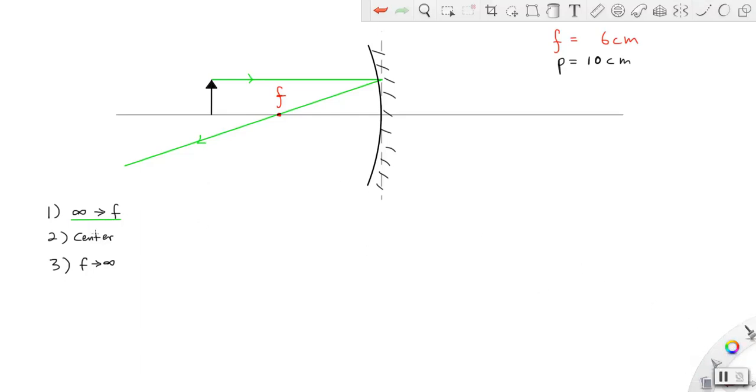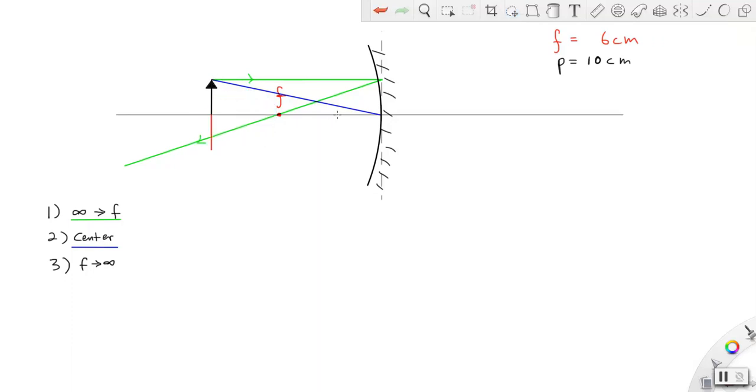The center ray. Don't forget that we have the same process for this center ray that we did for the last one, which is to say we're going to take our center ray from the tip of the object to the center of the mirror, and then it needs to go somewhere out here. So we're going to make sure that we have the distance correct on this. Here I've drawn our little size for our object so that I can capture that and move it down here and make sure that I know exactly how far down it is going to go.